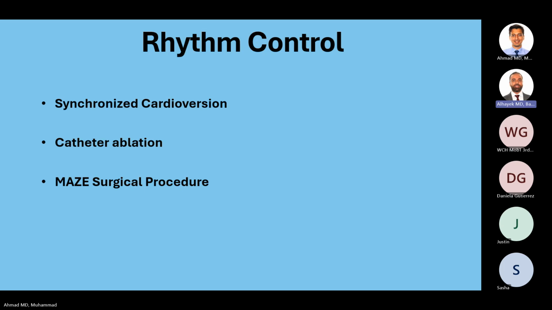First is planned synchronized cardioversion, performed by first performing a TEE to rule out a left atrial appendage thrombus. Then the patient is placed on anticoagulation, and the anticoagulation is continued for at least 4 weeks. Secondly, catheter ablation is a minimally invasive procedure performed by advancing catheters through the femoral veins into the heart under fluoroscopic and three-dimensional electroanatomic mapping guidance.